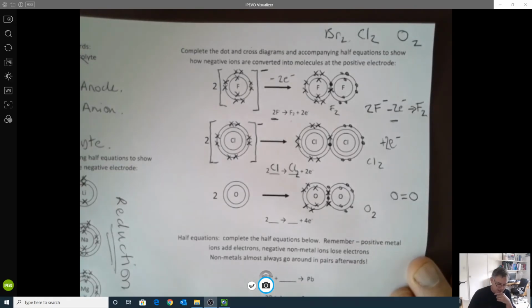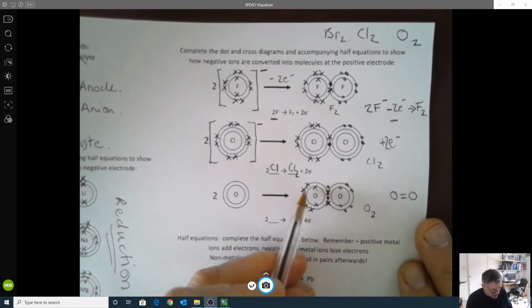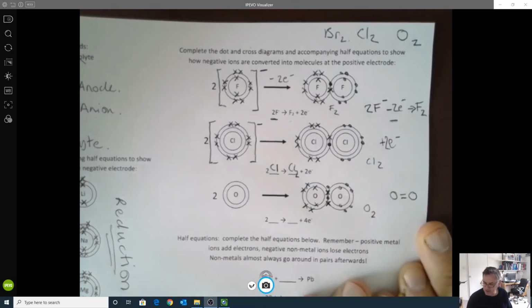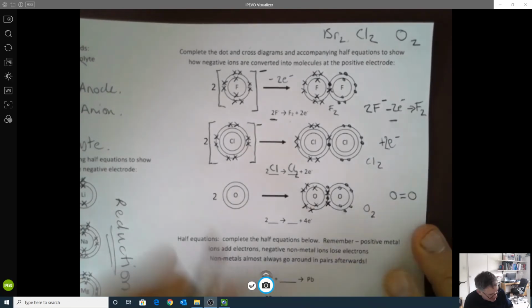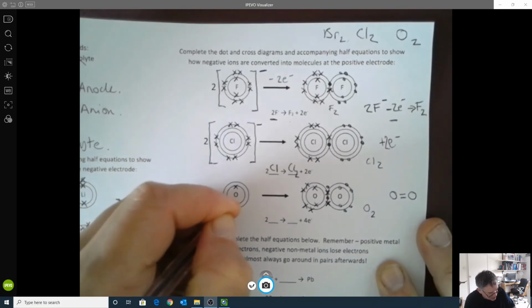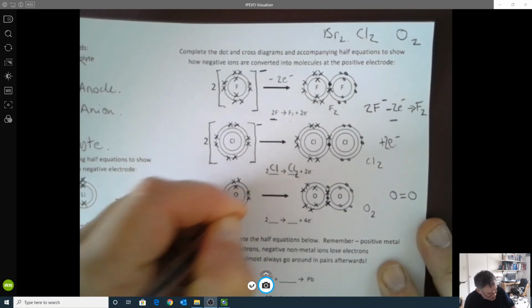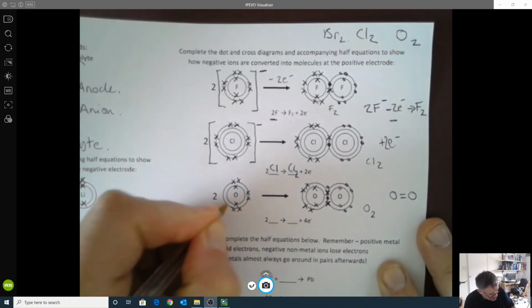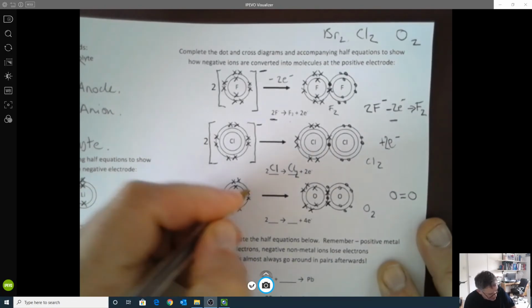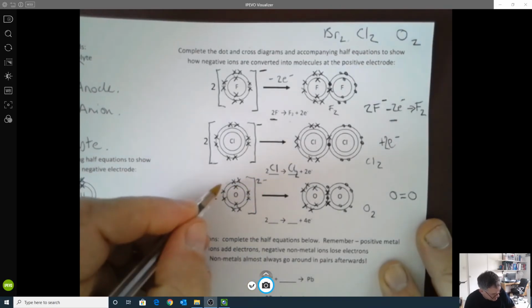Okay, now in an oxygen ion, instead of having 6 electrons in the outer shell, it will have 8 electrons in the outer shell, so it just forms 8 like this, doesn't it? This is oxide ion, and it's 2 minus.